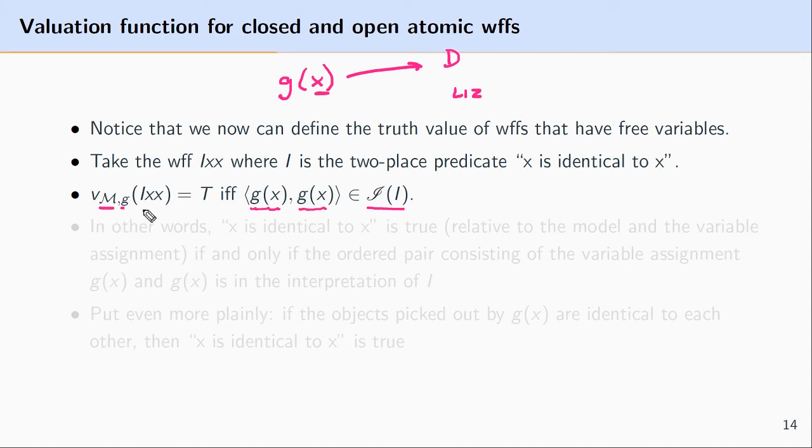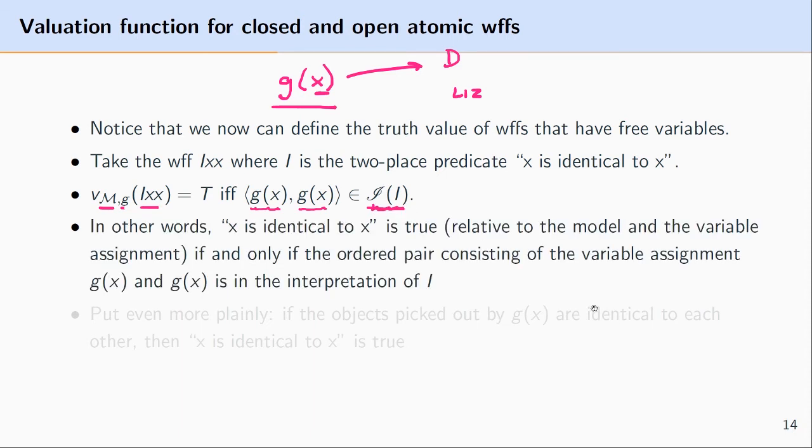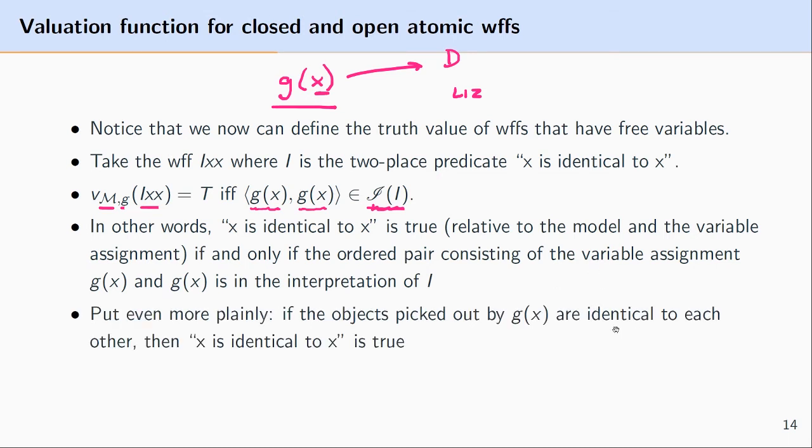And so the formula Ixx will be true if and only if the ordered pair consisting of the variable assignment Gx and Gx is in the interpretation of I. To put it even more straightforwardly, if the objects picked out by the variable assignment are identical to each other, then x is identical to x is true. So we have a way of determining the truth value of formulas that have free variables.